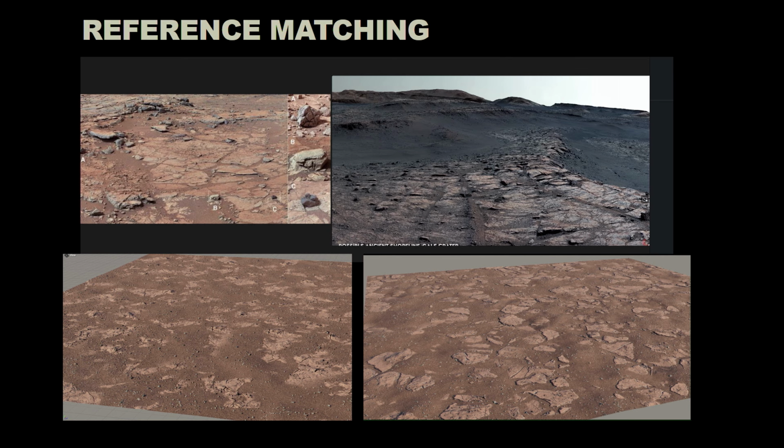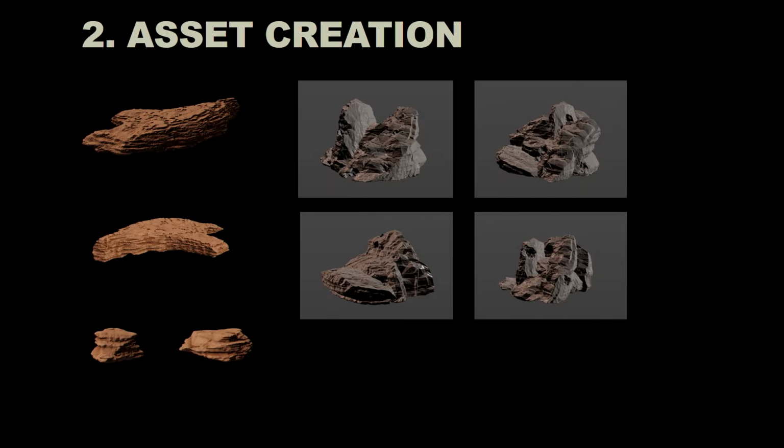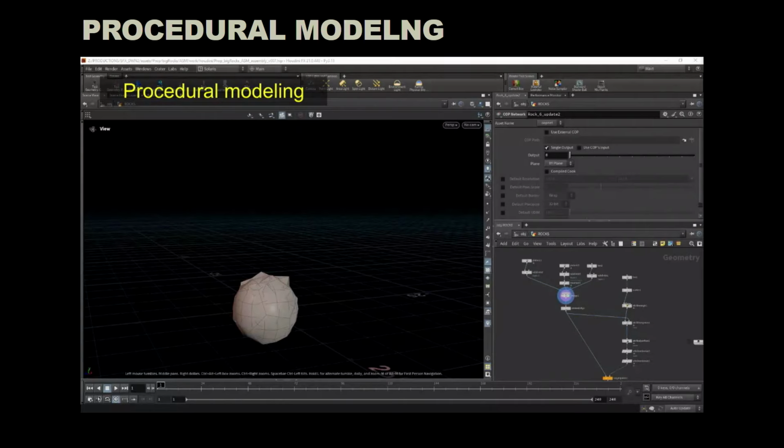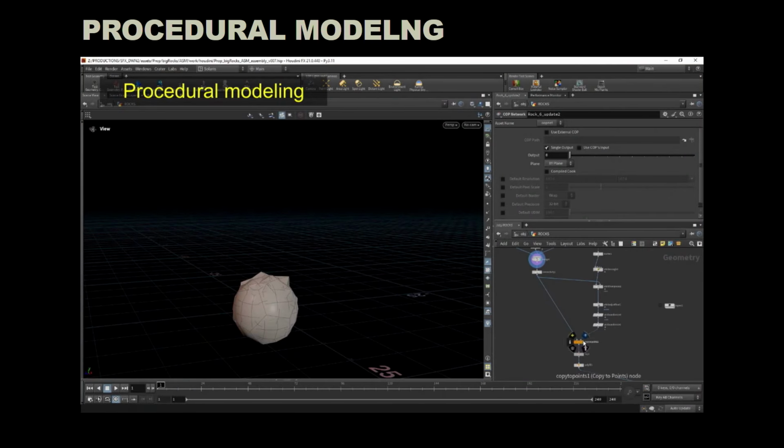And first, I'm going to show you on the example of a really simple 3D asset how this whole texturing workflow functions. So we start with procedural modeling.